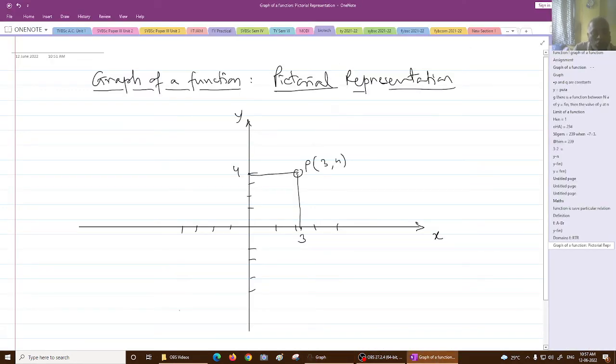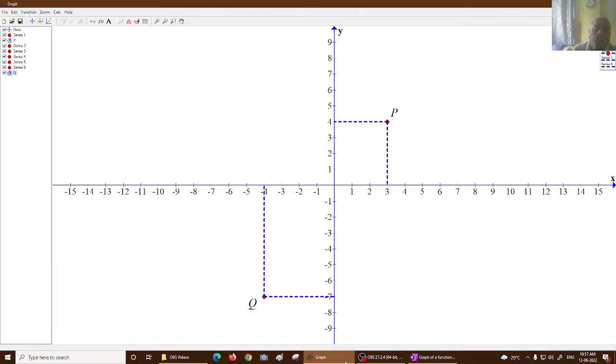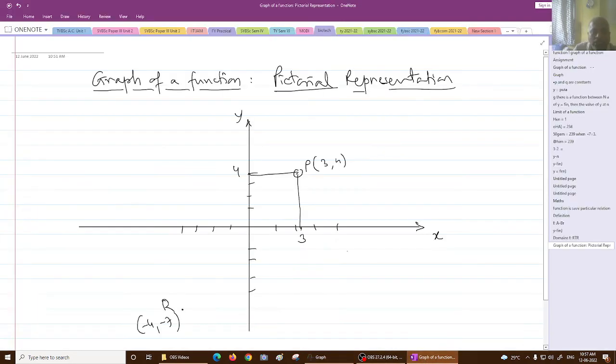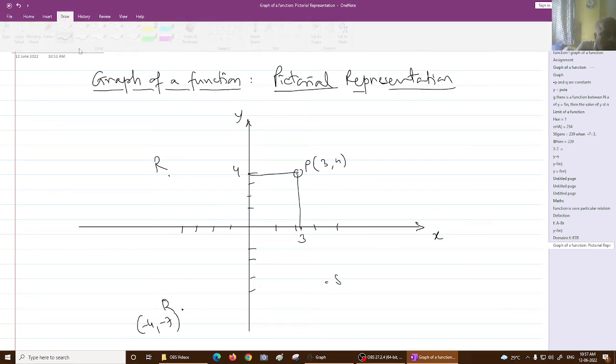Similarly, there is a point Q somewhere over here, and its x coordinate is -4 and y coordinate is -7. That you can check. Similarly, you can consider a point R and a point S, and you can get their coordinates. Now the thing is that we are talking about the graph of a function. Remember this.